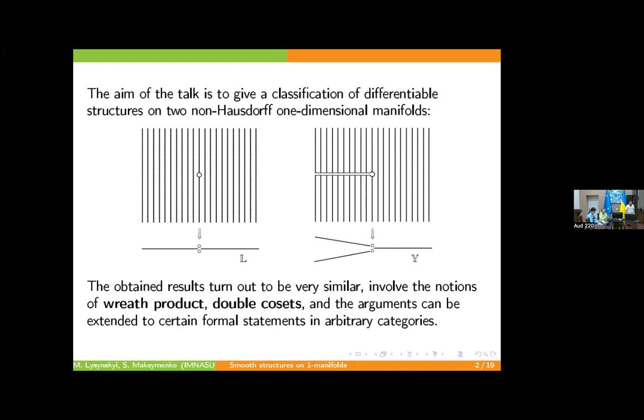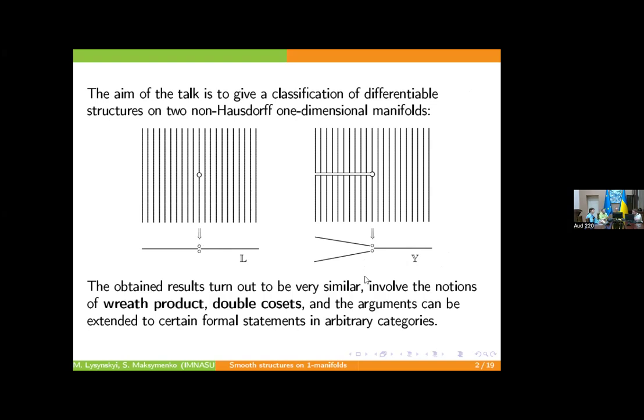Then you see that many leaves of this foliation, vertical lines, are cut into two pieces, and this gives you two branches. But this quotient again is not Hausdorff, because any two neighborhoods of these two points have non-empty intersection. These manifolds are usually called the line with two origins, and this one is called the non-Hausdorff letter Y.